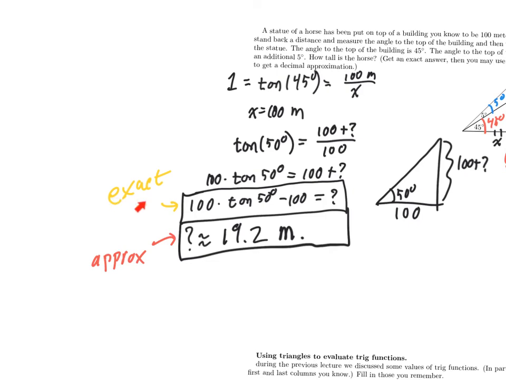The exact answer tells you the exact value of the thing and even tells you how you computed it to some extent. And it's useful if then you want to generalize this. If you did this in more generality, you might get a formula. The approximation is nice in that I know that it's 19.2 meters now. I know that it's even about a fifth of the height of the building. Cool.